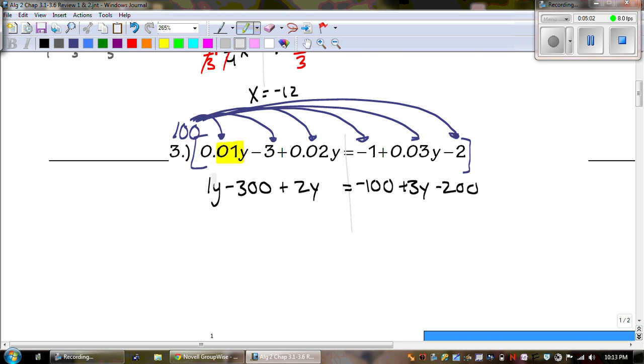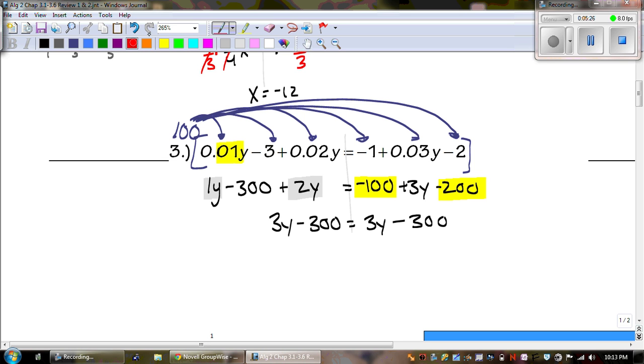Okay, and now the next thing I'm doing is I'm looking for like terms on the left side. 1 plus 2 gives us 3y minus 300. And on the right side, I have negative 100 minus 200. When I combine like terms, I get negative 300.